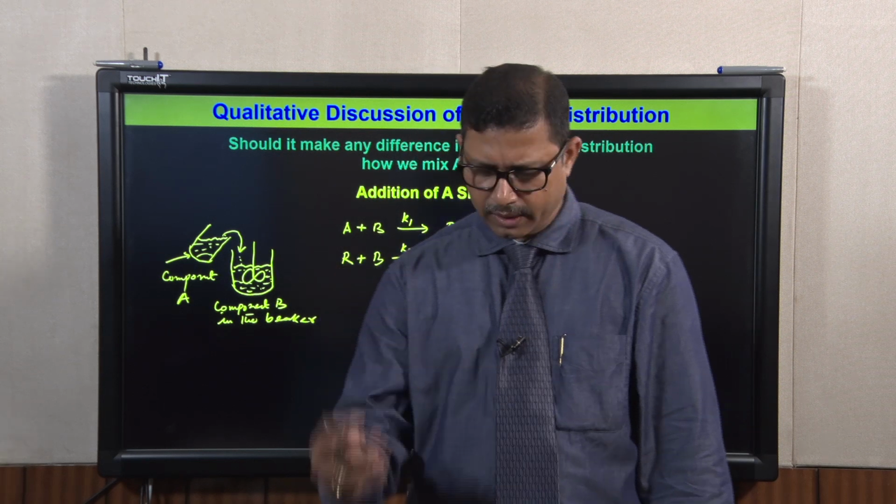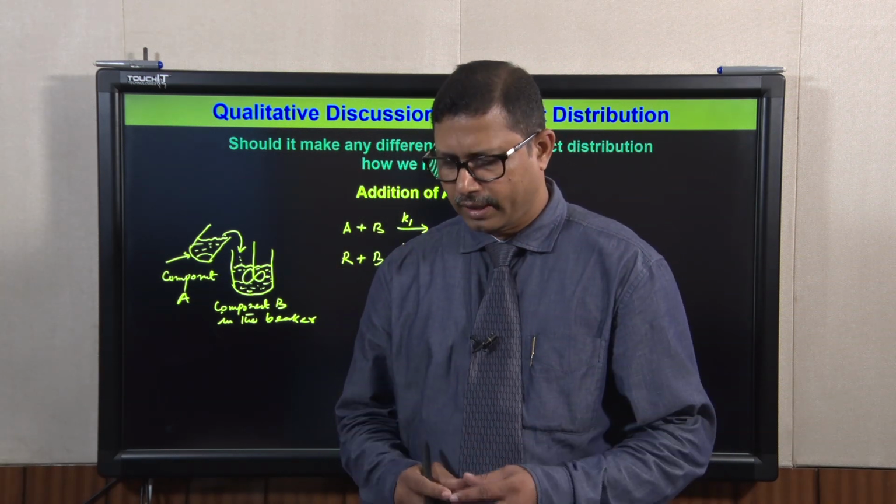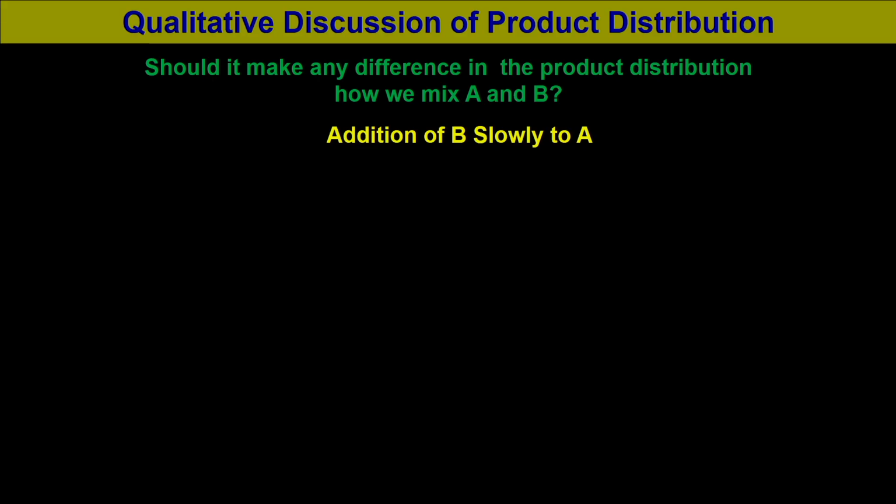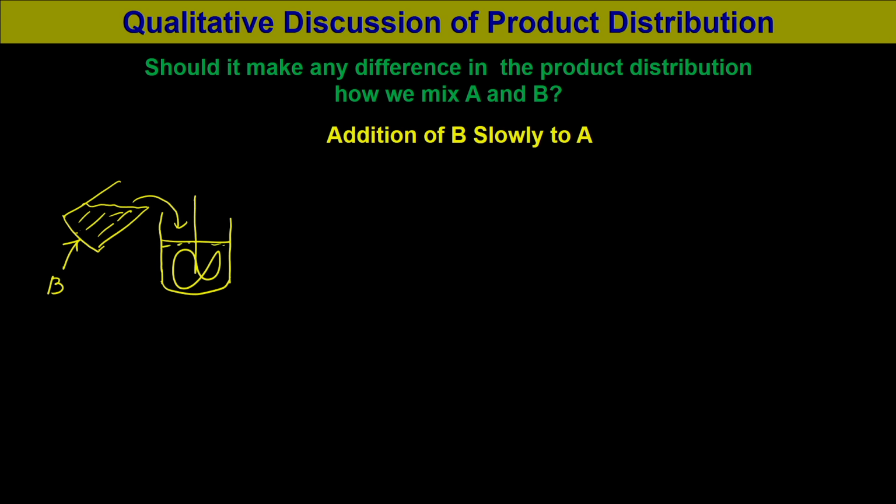Now, let us look into another way of adding or mixing A and B. If we add B slowly to A. So, in a beaker, this is containing B, and this beaker contains A initially, and addition of B is slowly done into the beaker containing A with continuous stirring.